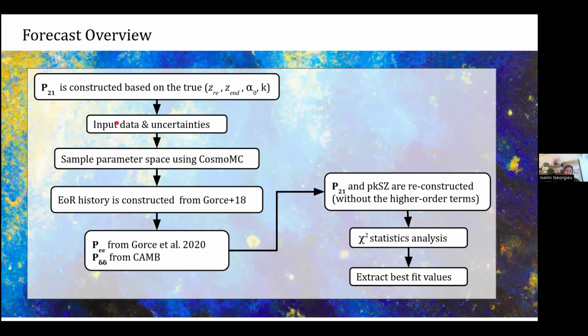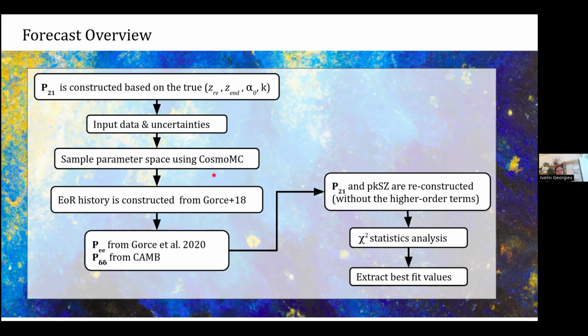We calculate analytically, given our detection of the 21 centimeter power spectrum, the thermal noise that the observation would have, as well as uncertainty due to cosmic variance. We also take the currently existing data point of the pkSZ power spectrum, the patchy kinetic Sunyaev-Zel'dovich effect, and assume slightly smaller error bars than the ones currently present.